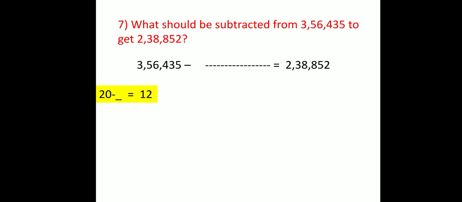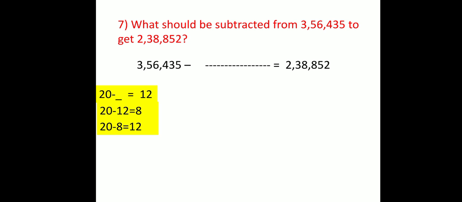If you subtract 12 from 20, that means 20 minus 12 equals 8. So, 20 minus 8 equals 12. Then, biggest number minus smallest number. So, 20 minus 12.